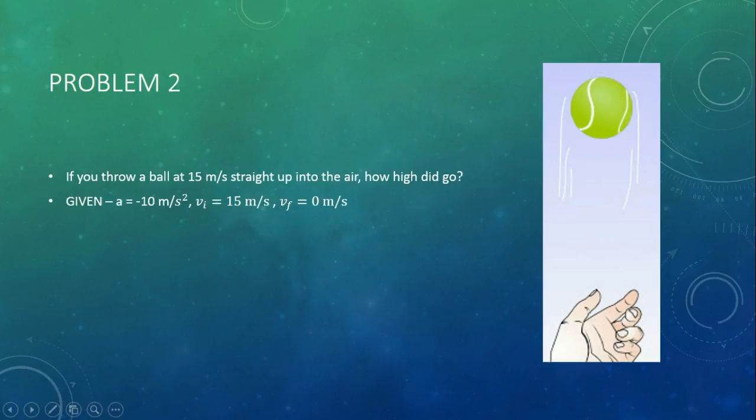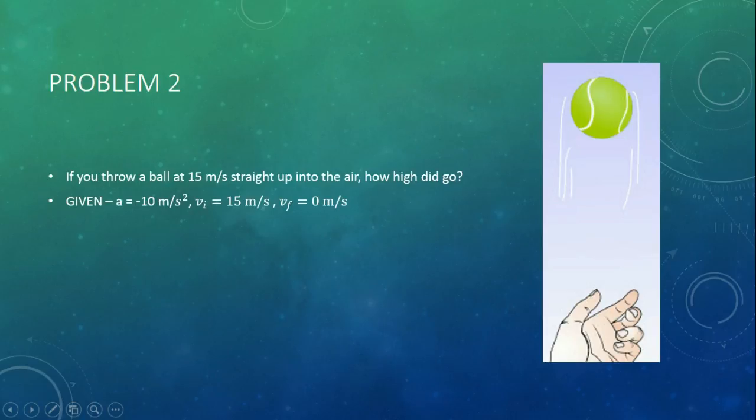So it's important to know your perspective when you're solving these problems, because you could have called the initial velocity the top, which would be 0, and the final velocity negative 15. You could have switched these and gotten the same result.